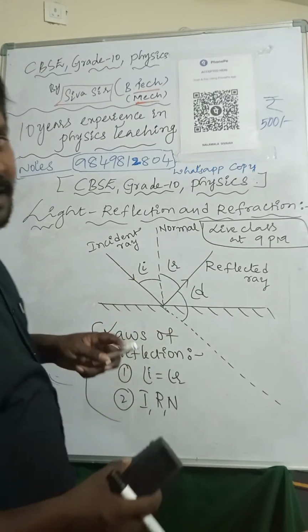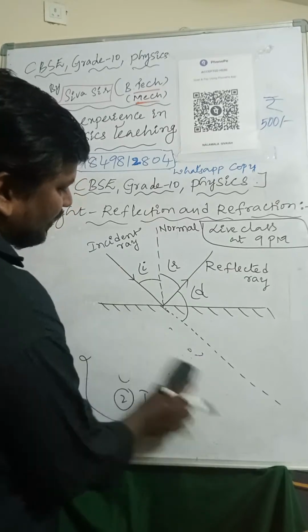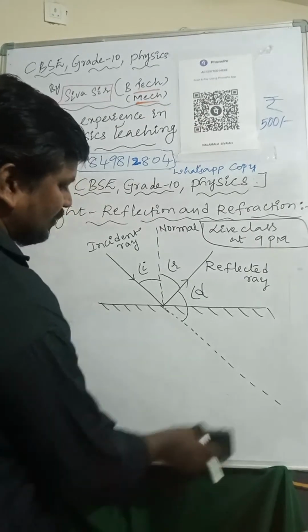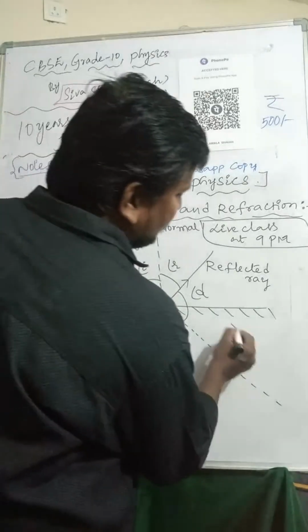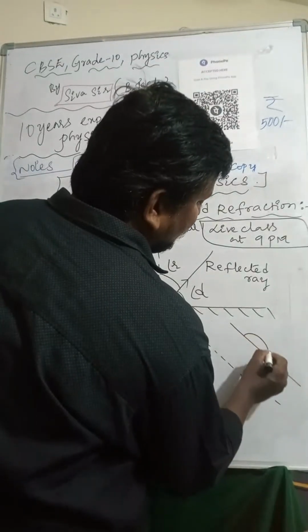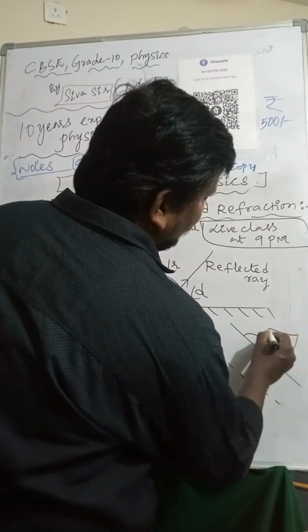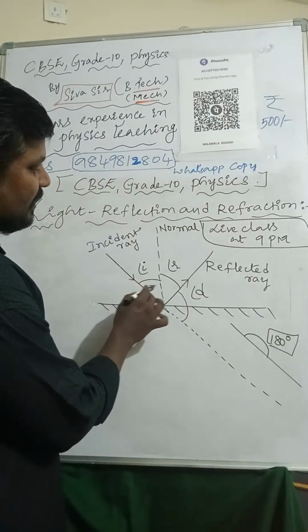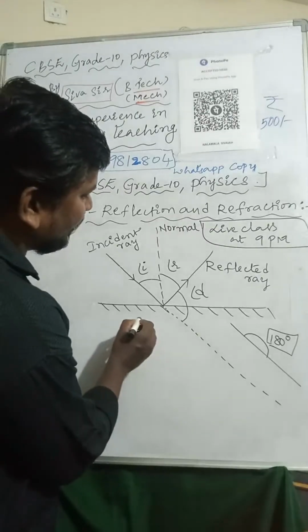Then we'll go to the angle of deviation. Here you can take the linear angle. How much is the linear angle? I'm considering this a linear angle, and it is 180 degrees. This linear angle consists of the angle of incidence plus the angle of reflection plus the angle of deviation.